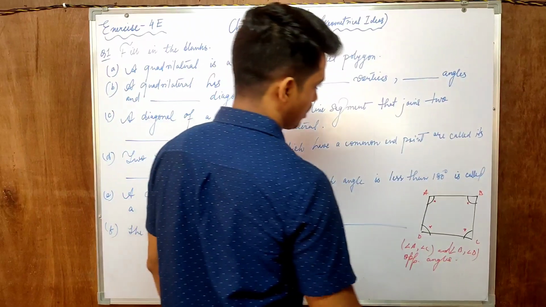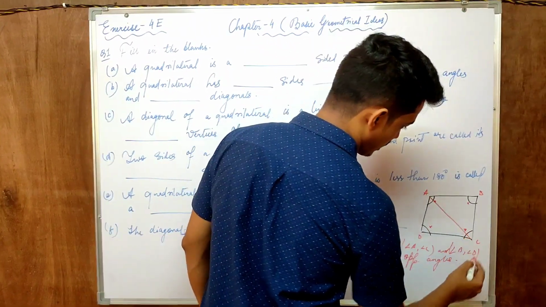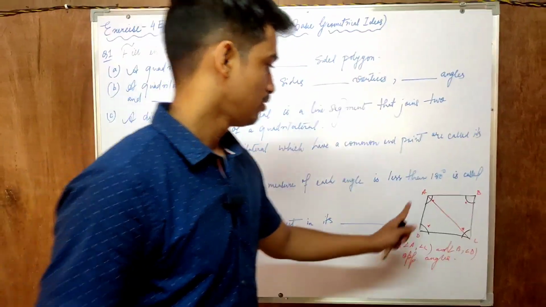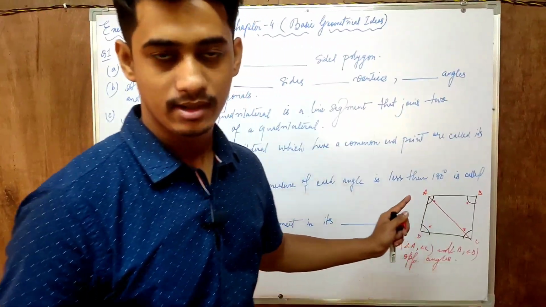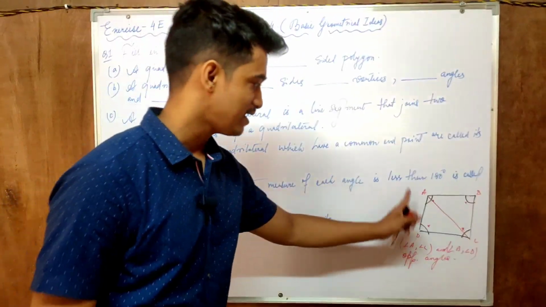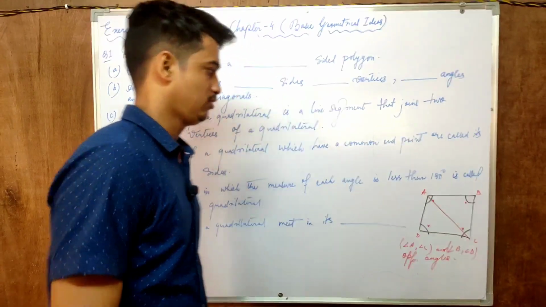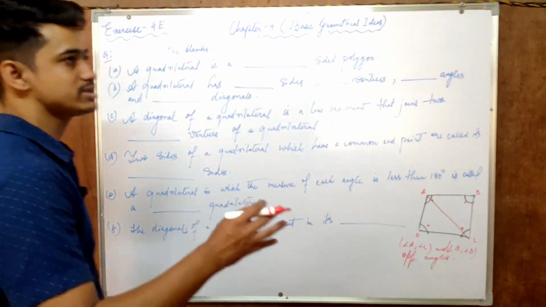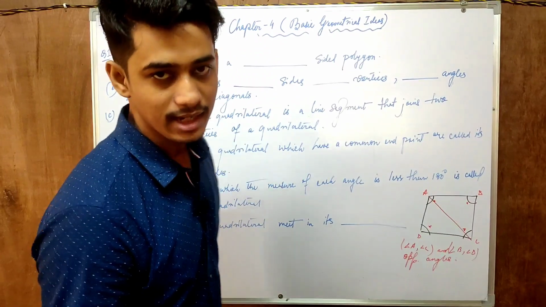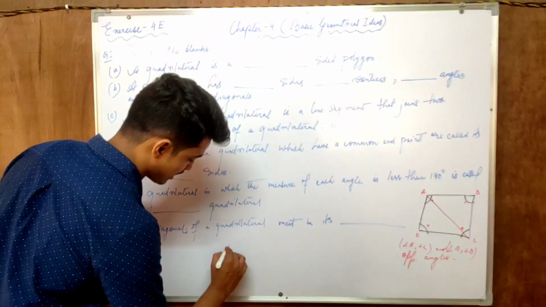After that, now if I make one line from these 2 opposite points, A and C, and join them, this line is called a diagonal. When we join 2 opposite points in a quadrilateral, that is a diagonal.